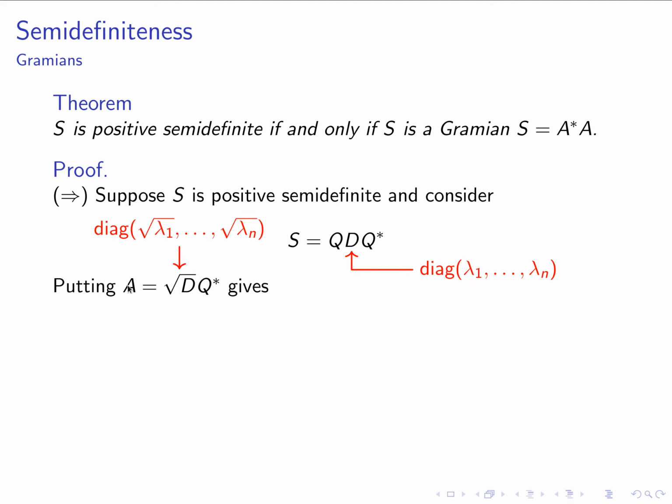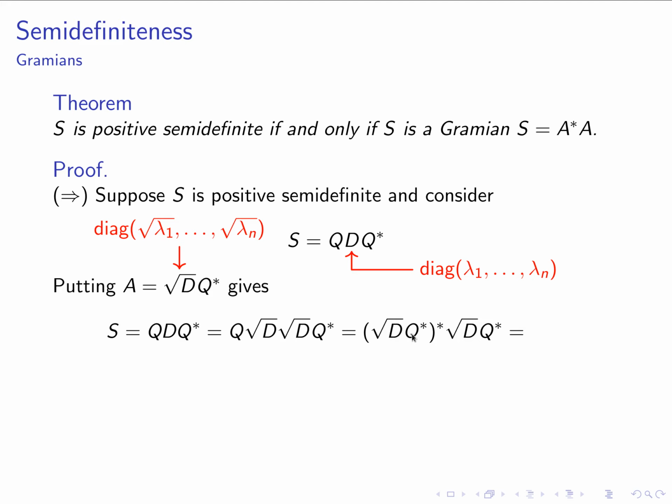It turns out that by defining a new matrix A by the formula root D times Q star, we then establish S equals Q times D times Q star, but D is the same thing as root D times root D, and Q times root D is the same thing as quantity root D times Q star, quantity starred.